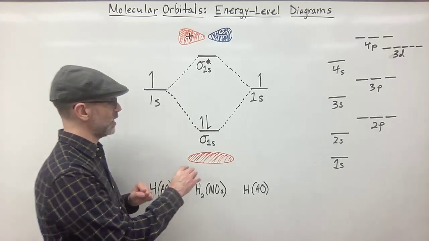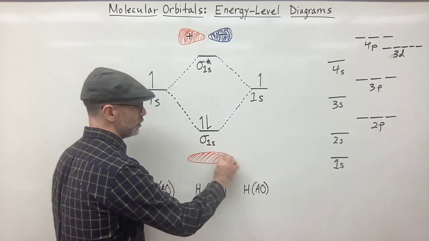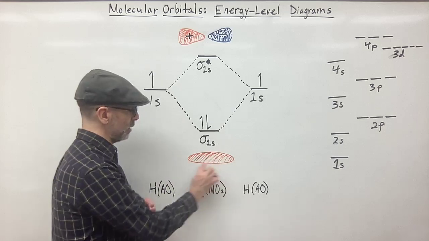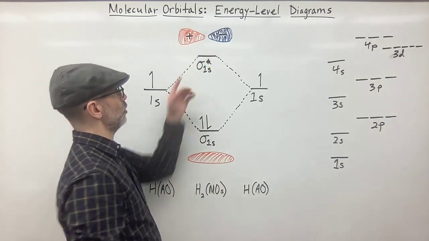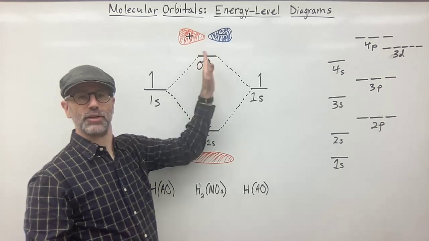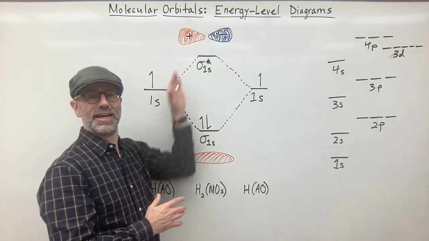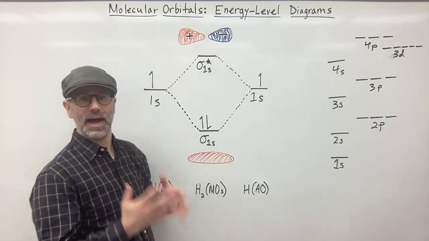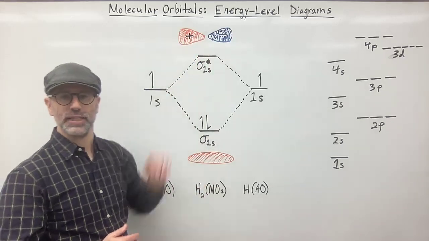And mainly that's because in a bonding orbital, the electrons are interacting with both nuclei at the same time. But for an antibonding orbital, you have a destabilizing effect. You have this node here, and so that's going to cause the electrons to interact with one nucleus at a time, not at the same time. So that has a destabilizing effect.